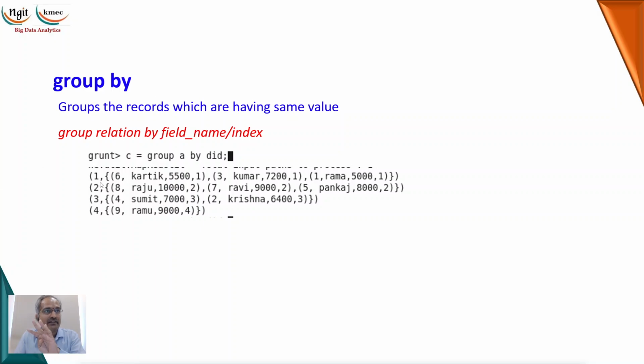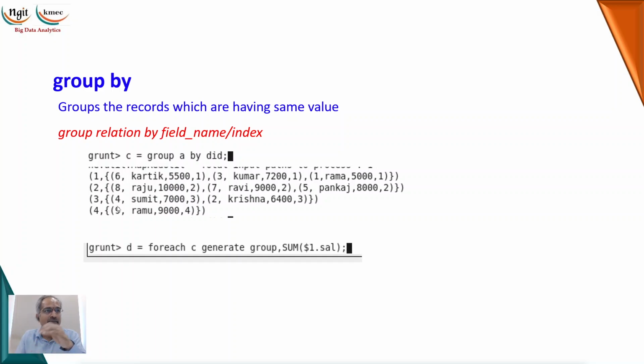For department ID 1, all the related records are given as a list of tuples like this. This is the first record, this is the second record of department number 1, this is the third record of department number 1. Department number 2, there are 3 records. Department number 3, there are these many records, and so on. So like this, the number of records will be there.